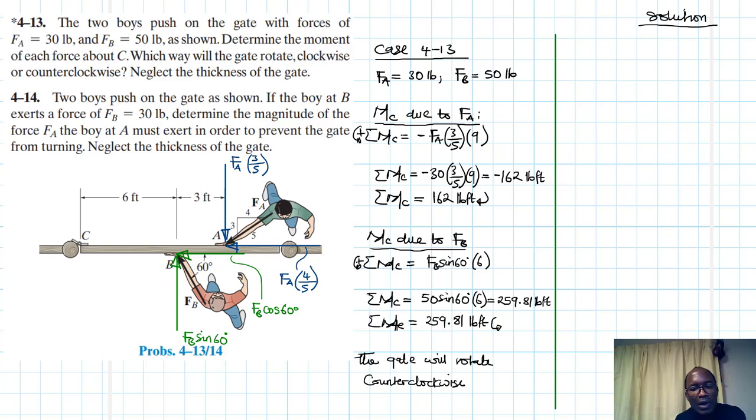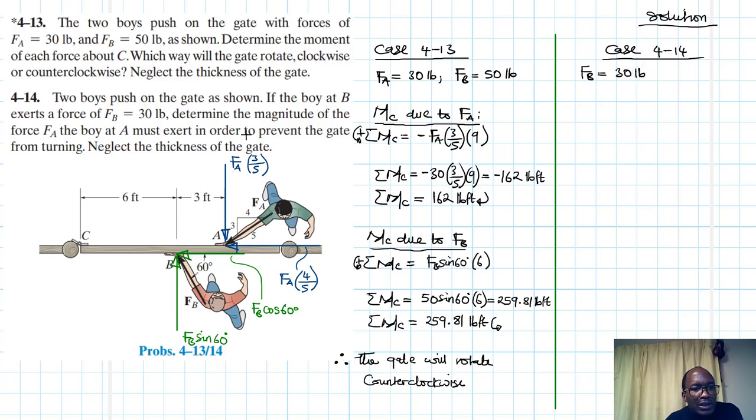Great. All right. So let's go to case number 2, which is case 4-14. Again, here are the same two boys, but in this case, FB is equal to 30 pounds.